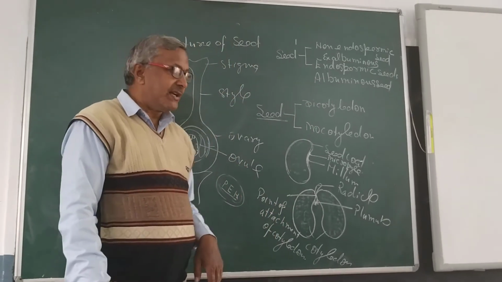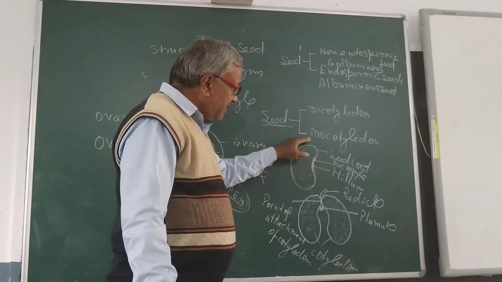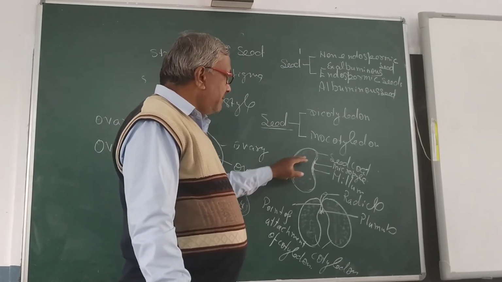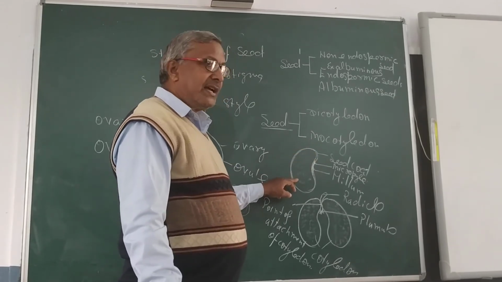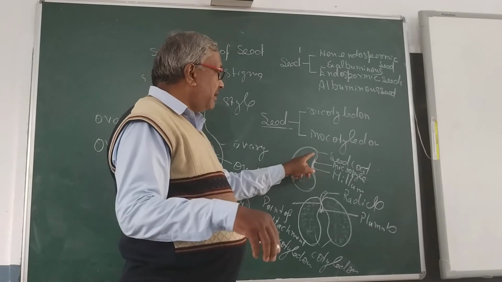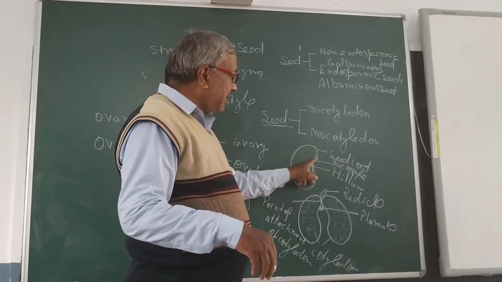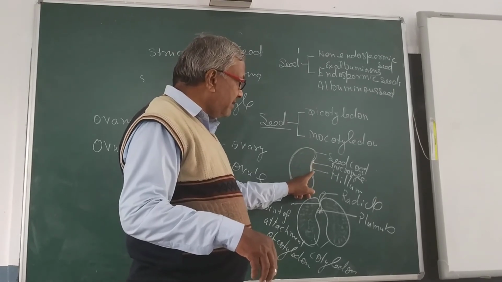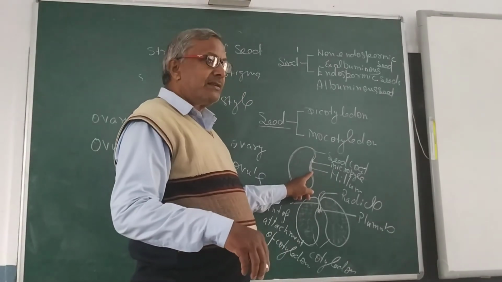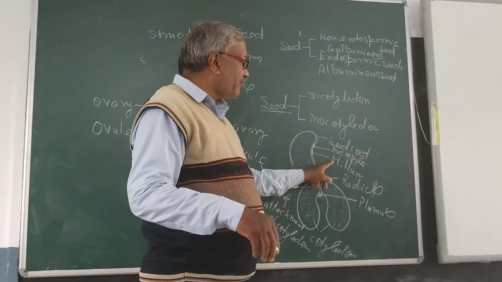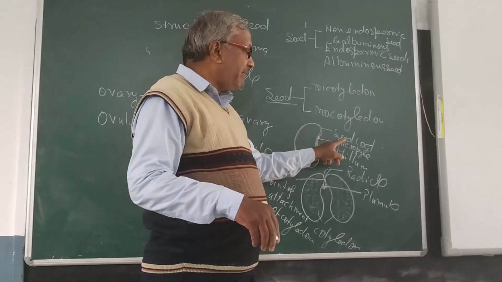In the structure of the seed, you have to see the bean seed. Its shape is like a kidney. One side it is concave, other side is convex. On the concave side, a white mark is there. That is called hilum. There is a small opening, that is micropyle.